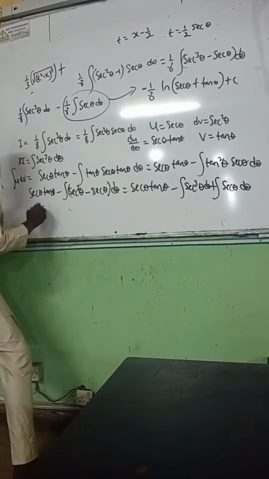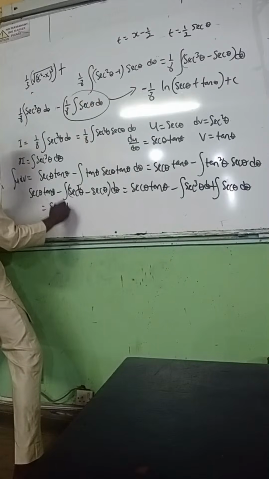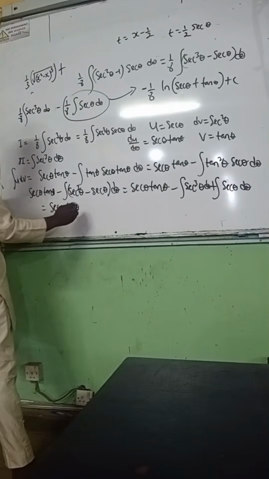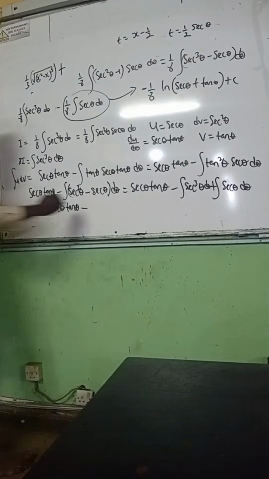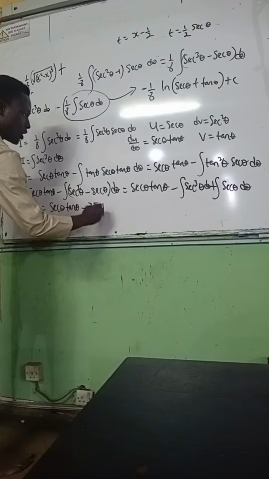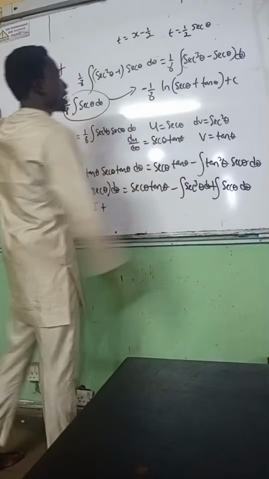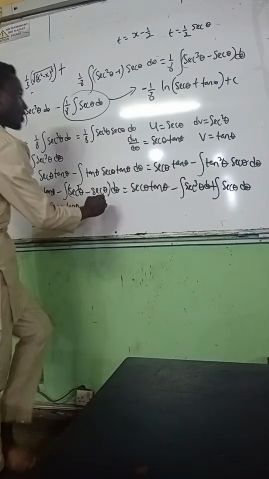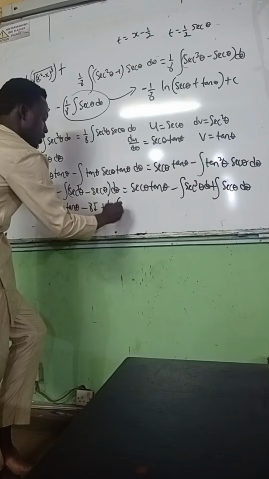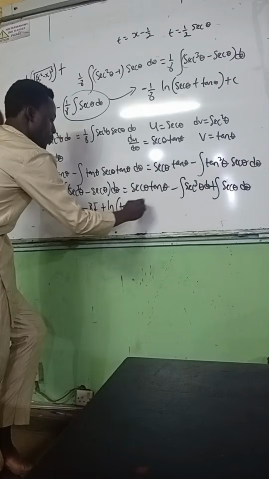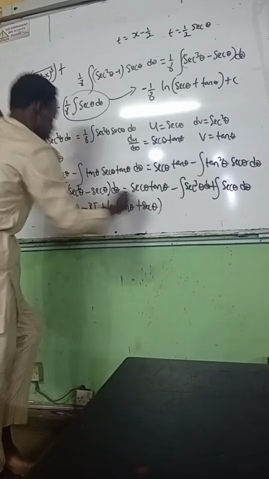So this gives us sec theta tan theta: the integral of sec cubed theta equals 8I, back to our question, 8I plus the integral of sec theta. If we integrate sec theta, we get ln of tan theta plus sec theta.